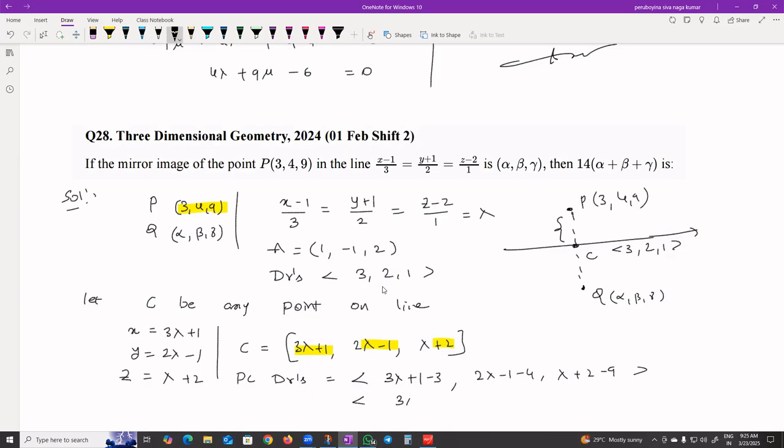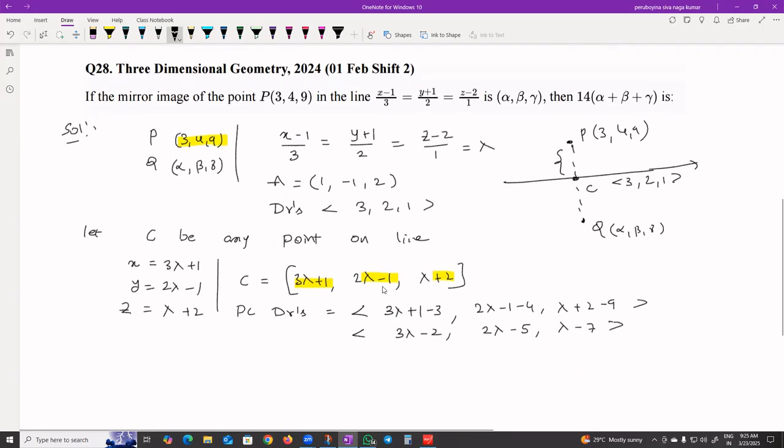It will be 3 lambda minus 2 and 2 lambda minus 5 and lambda minus 7. So these are PC DRs, and we know the line DRs. Line DRs are 3, 2, 1.